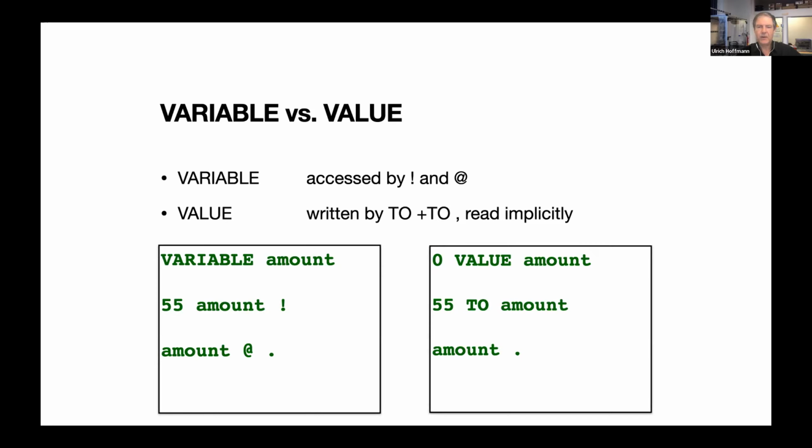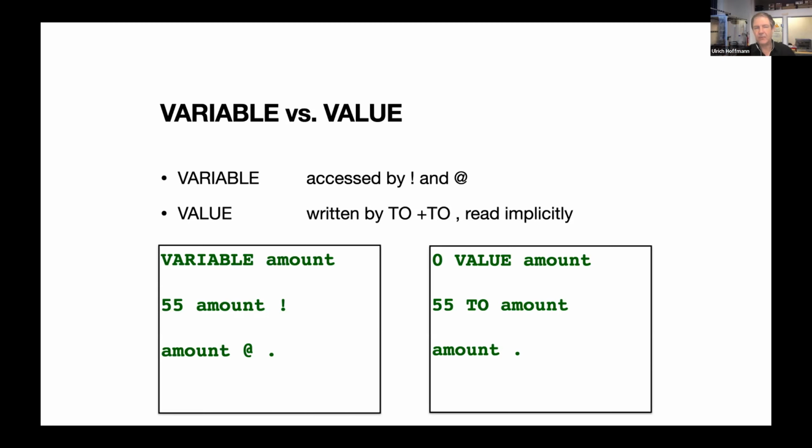And maybe more important, there could also be other value-like things like double values or floating point values, and you can use the same TO notation for this, and the value would know what type it is and do whatever is necessary. And if you name the value, then it will put the appropriate content on the stack.